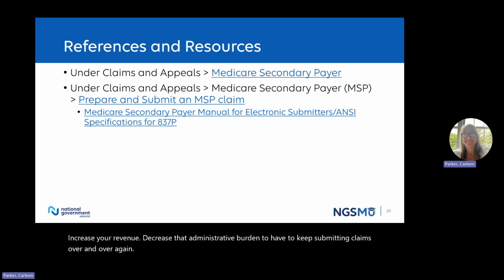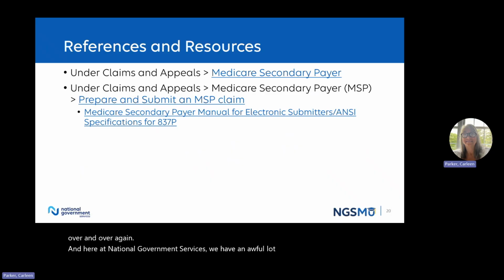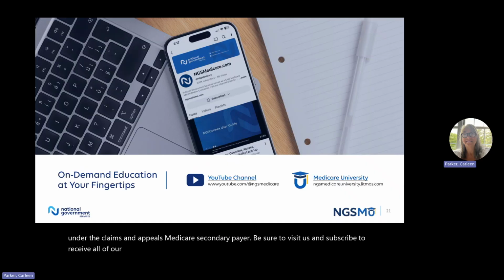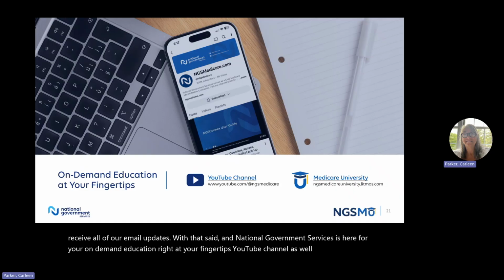And here at National Government Services, we have an awful lot of reference material. It falls under the Claims and Appeals, Medicare Secondary Payer. Be sure to visit us and subscribe to receive all of our email updates. National Government Services is here for your on-demand education right at your fingertips, YouTube channel, as well as Medicare University.